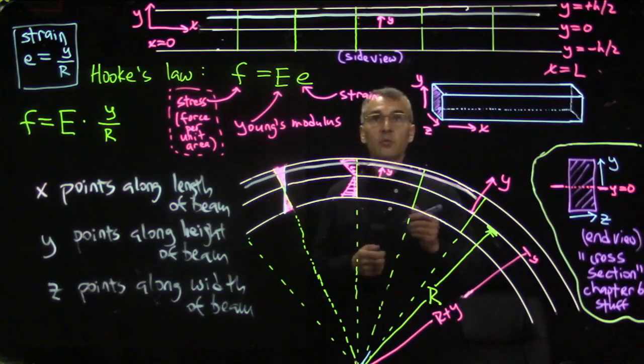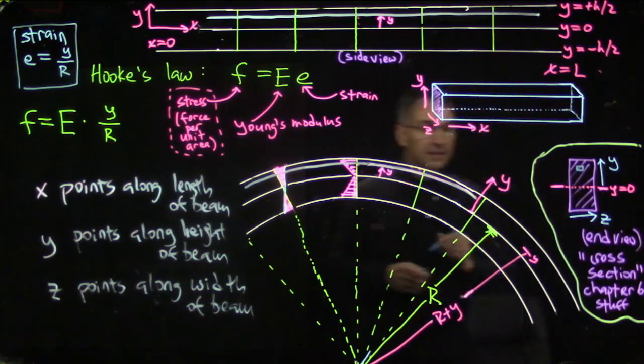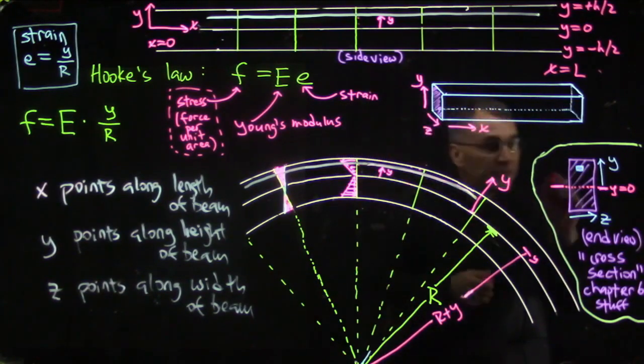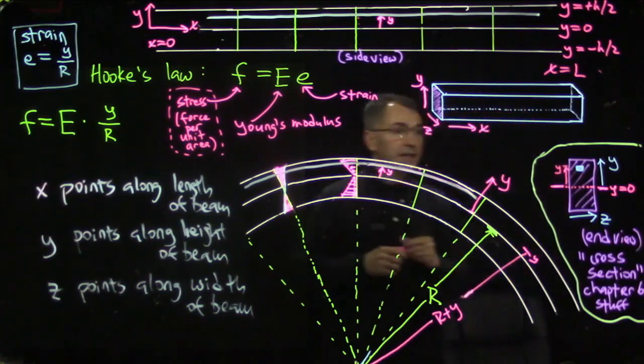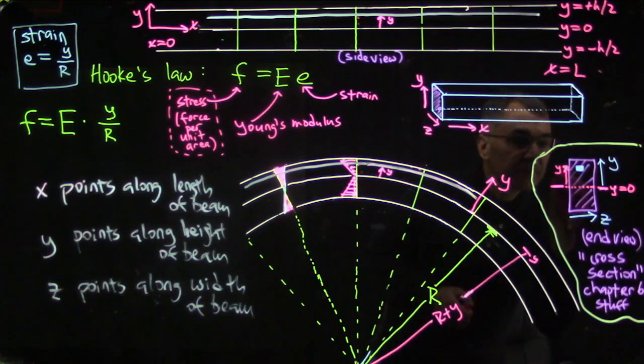So if I want to pick out one little fiber, I want to pick out one little spot of area in the middle of the cross-section. I mean, really, I want to evaluate across the entire cross-section, but we're going to use calculus, and we're going to go one little infinitesimal chunk at a time. And this chunk will be a height y above the neutral surface. So here we have y is how high up this chunk is.